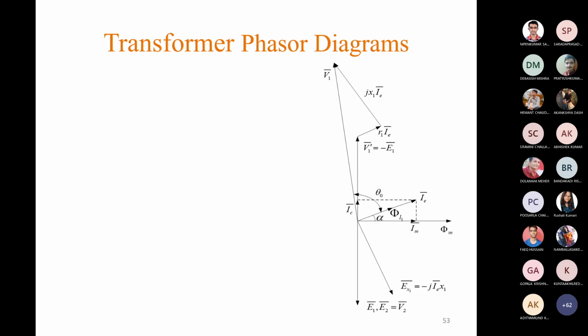Okay, so these four assumptions are actually for an ideal transformer, which is not having any imperfections. Ideal transformer means perfect transformer.